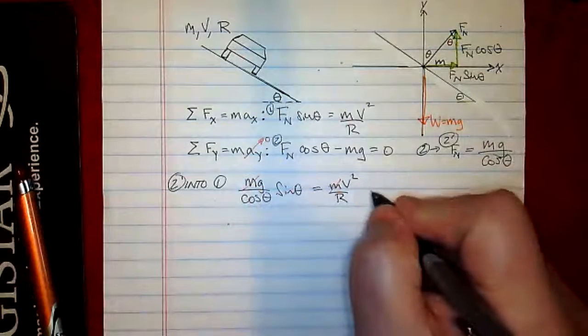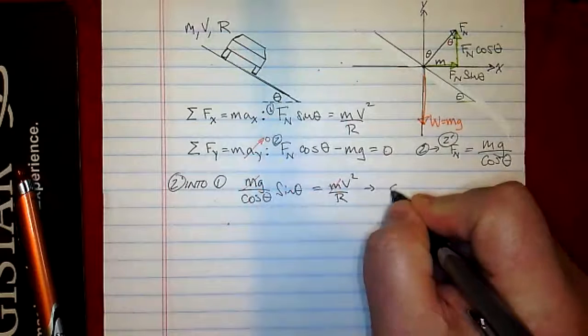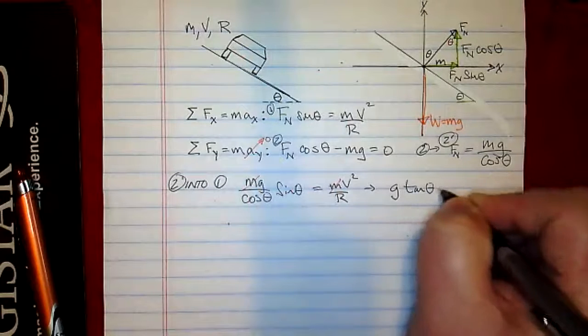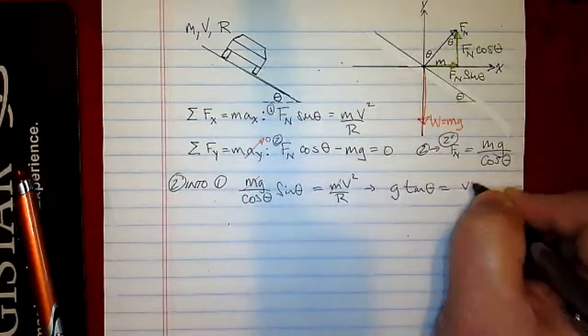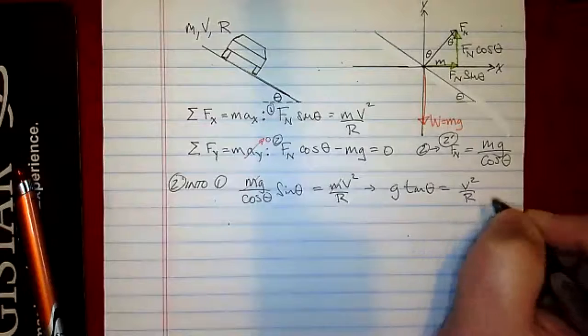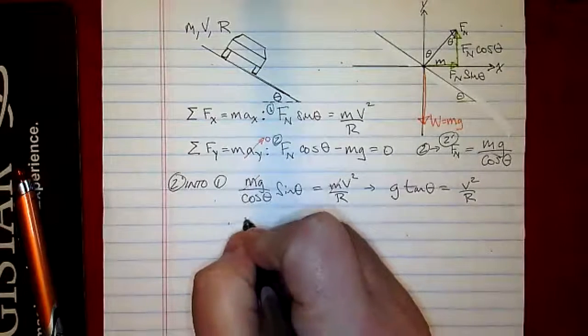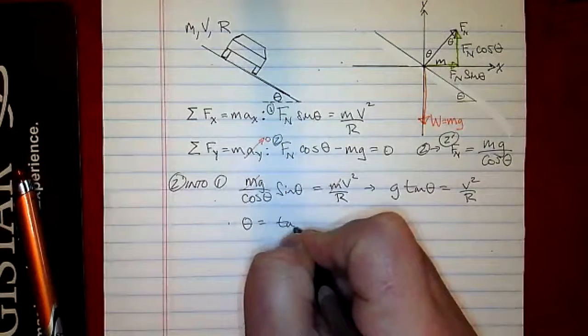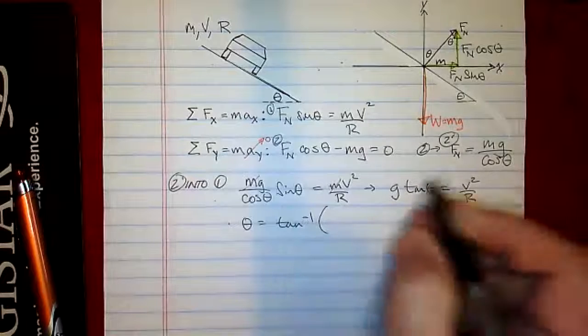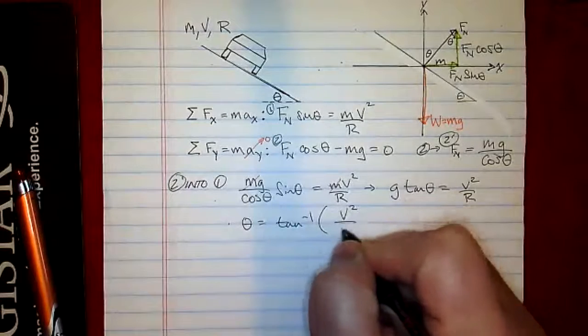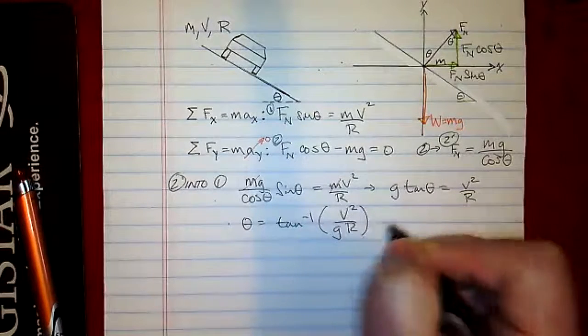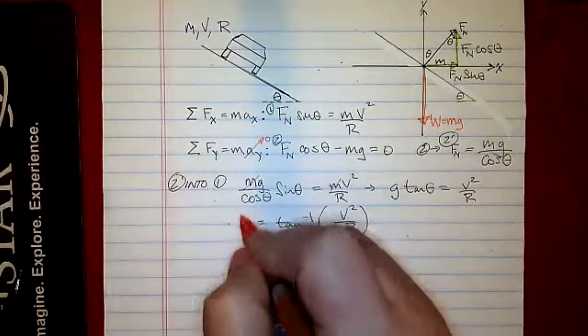So I can ultimately write that g tangent theta is equal to v squared over r. Or finally, I get the result that theta is equal to the tangent inverse of v squared over gr. And that's the answer. That's the angle that we need.